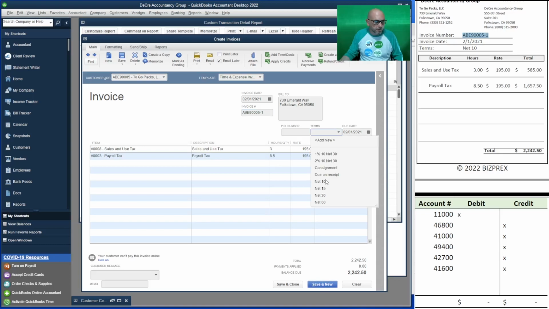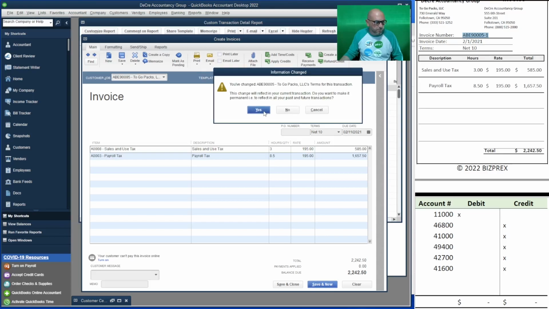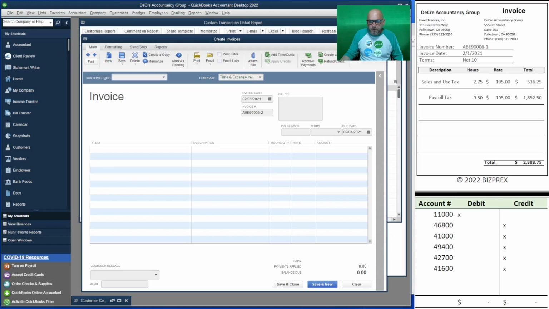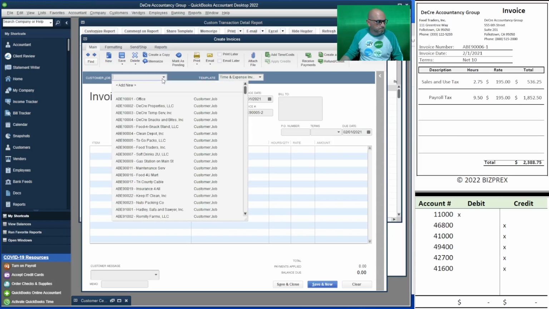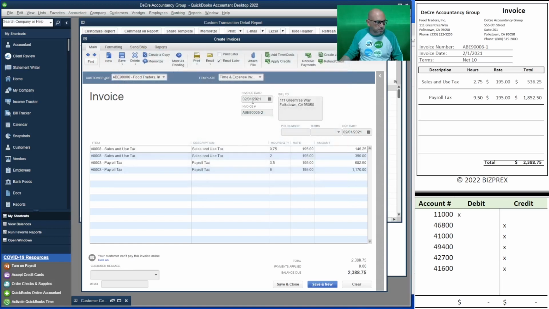Terms, we can set terms so that next month it's easier. Another one, food traders. Yep, that matches. Uncheck this.